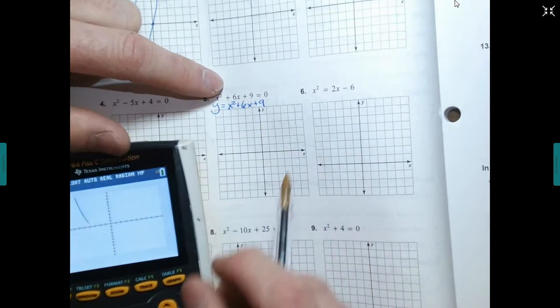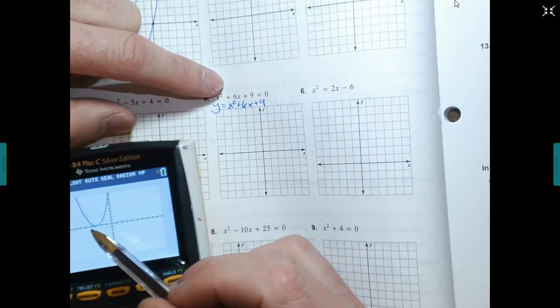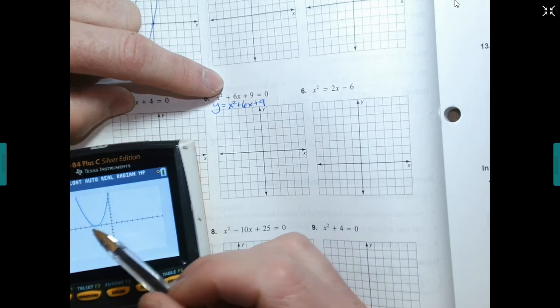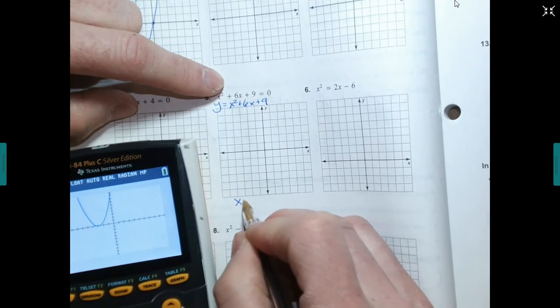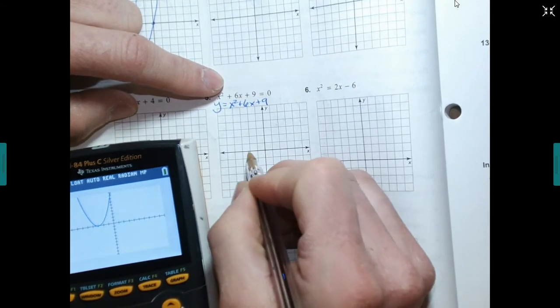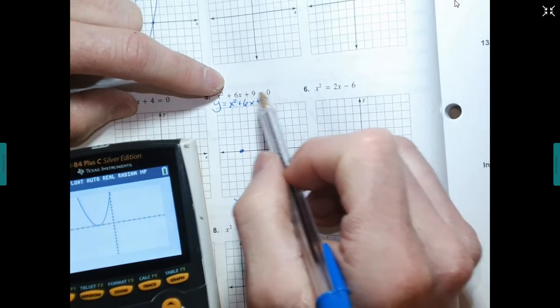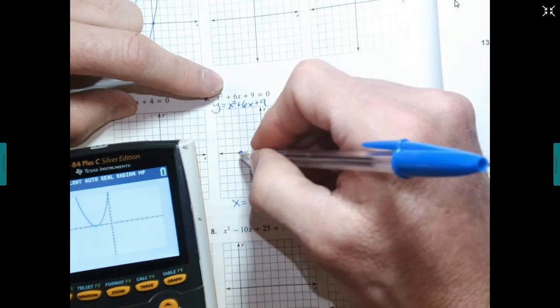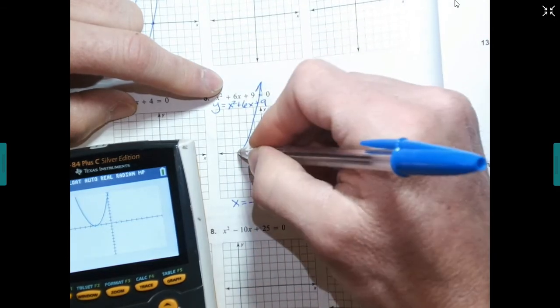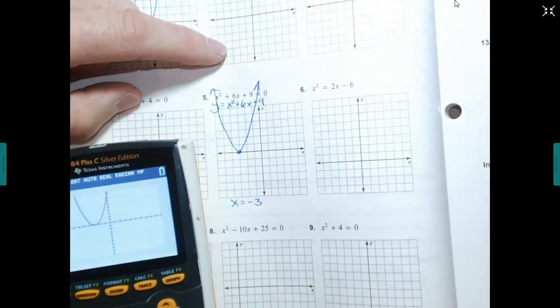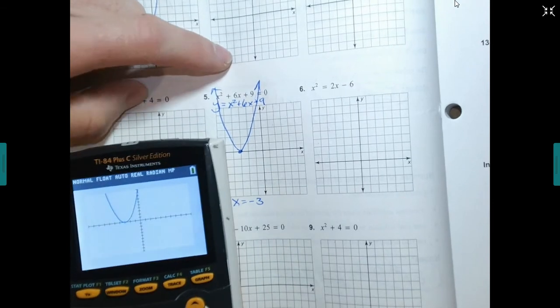And so we have, oh, look at that. We have 1 point, x equals -3. So for this one, we only have 1 point. Our y value is 9, so it's way up here. So it looks something like that. So there you go. That's how you're going to do it.